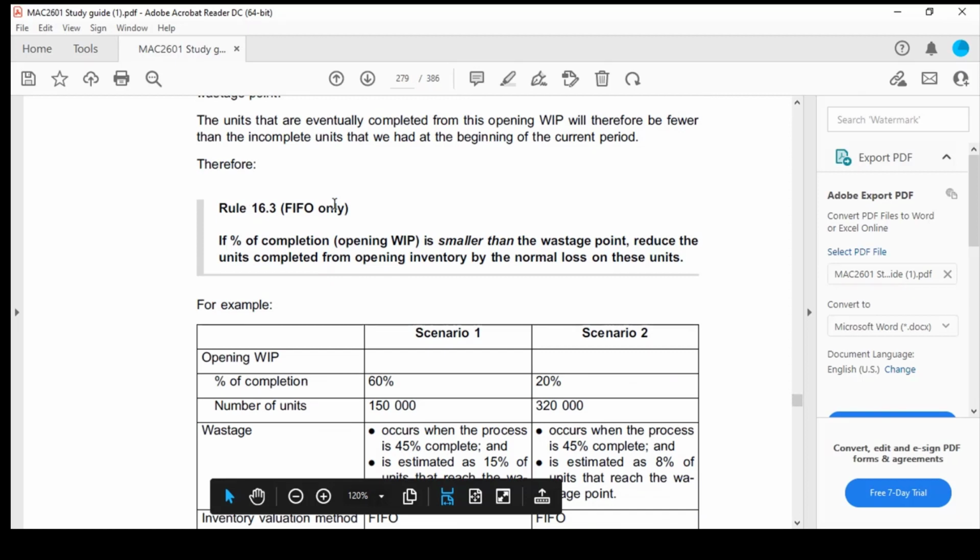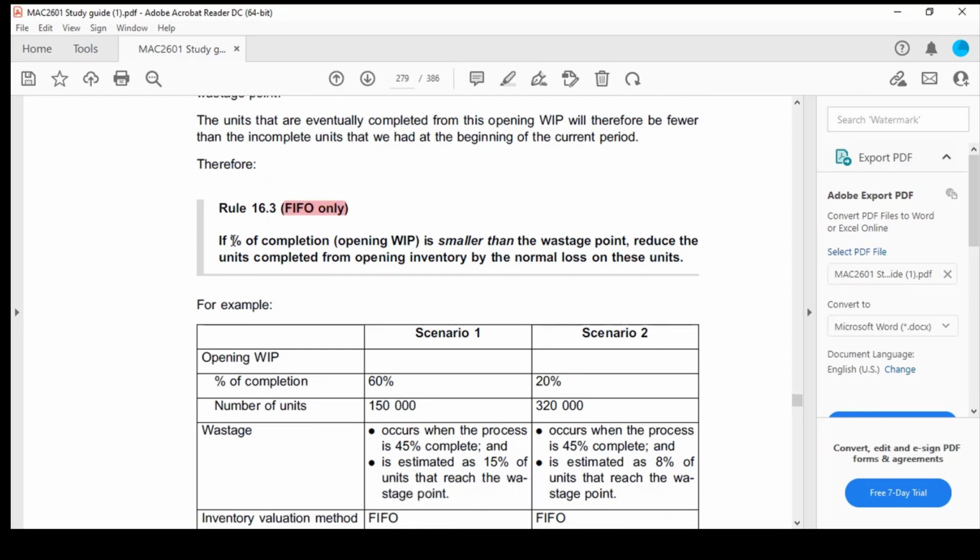So what is the story in terms of first in, first out? The rule: if the percentage of completion of your opening WIP is smaller than the wastage point, you're going to reduce your opening WIP by this loss.